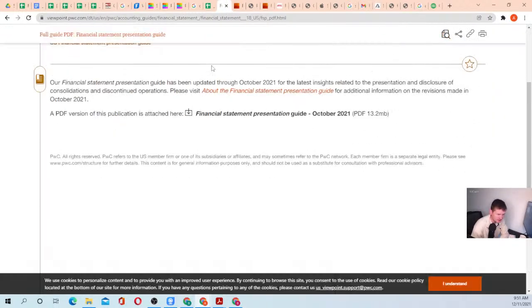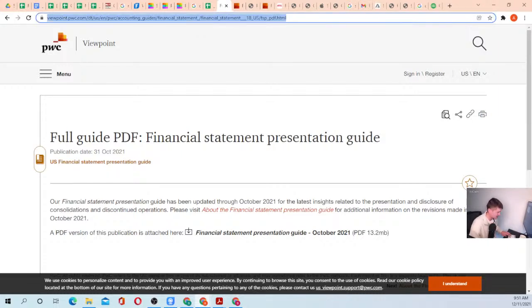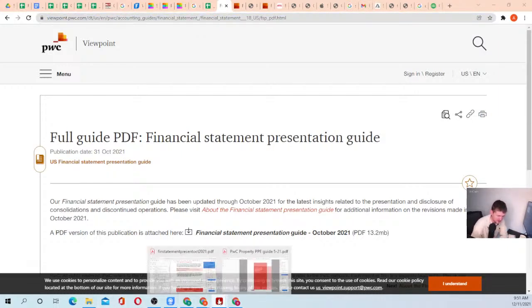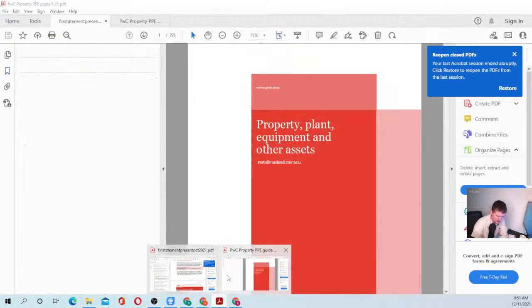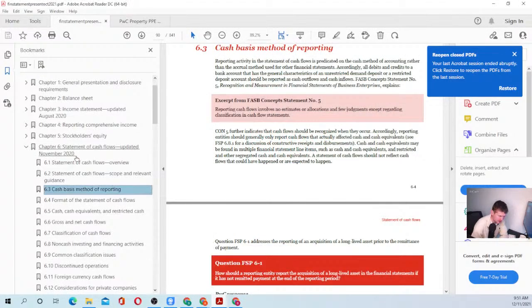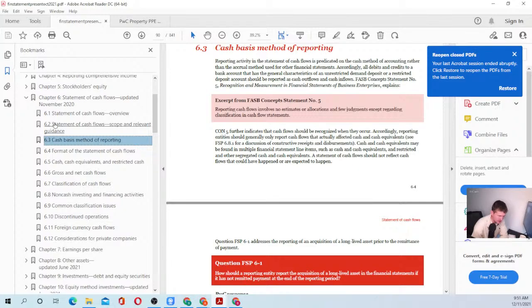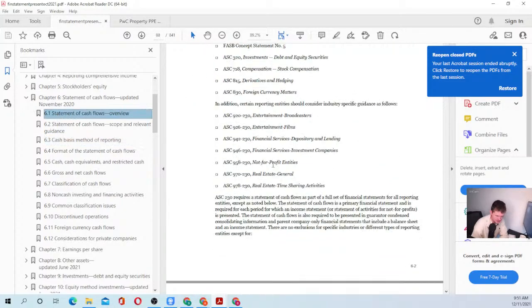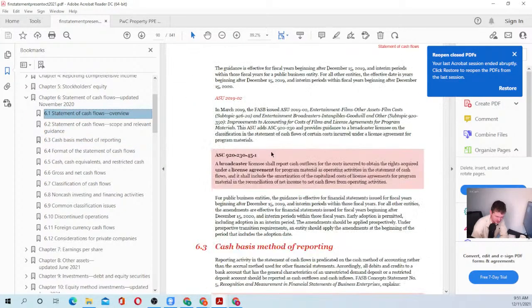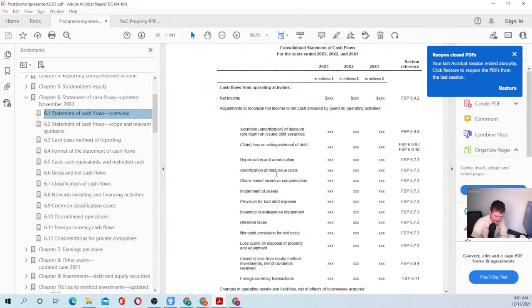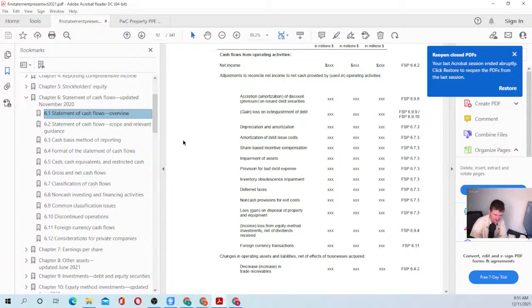As a reminder, here is a link to the financial statement preparation guide. We did quite a bit of scrolling around it. It has a full chapter about cash flows. The most useful thing which you will probably use the most is the sample statement of cash flows. It has all the headers, all the captions.